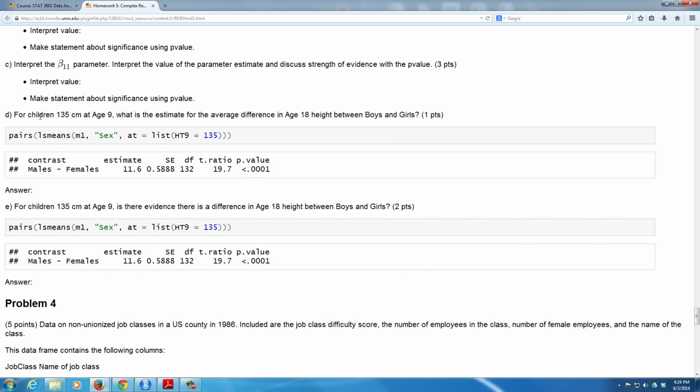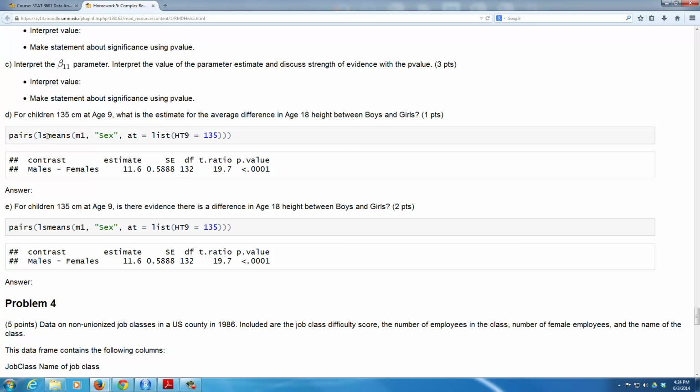In part D, we're going to have children that are 135 centimeters tall at age 9, and I want you to come up with an estimate for how different their age 18 heights are going to be between a boy and a girl that were both 135 centimeters tall at age 9.